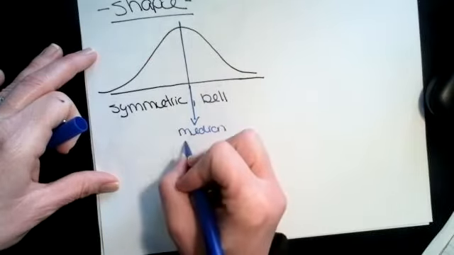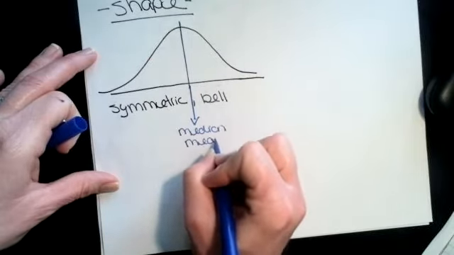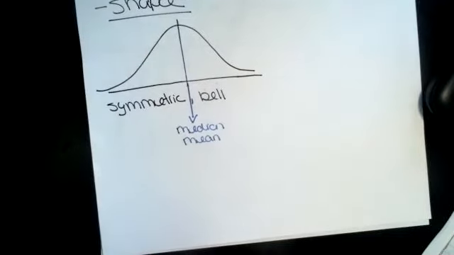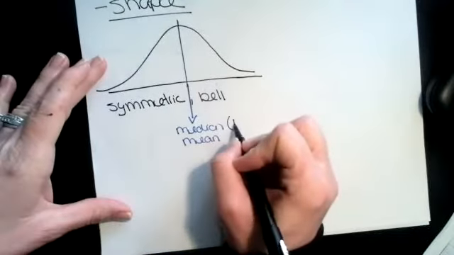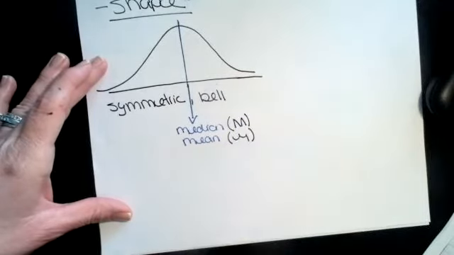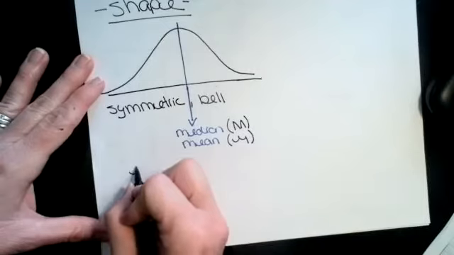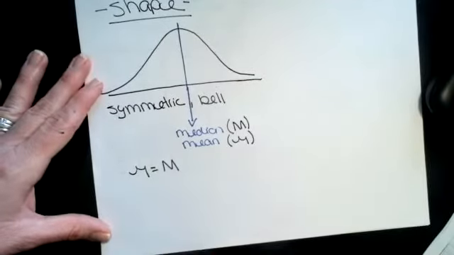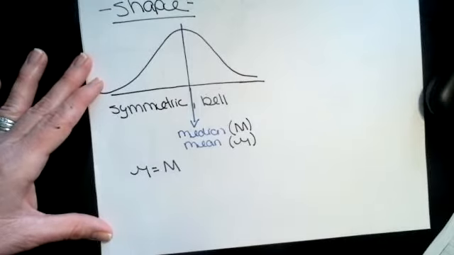And we would also have the mean. So for a symmetric data set, the mean, mu, equals the median. And when I say equals, I mean similar to.